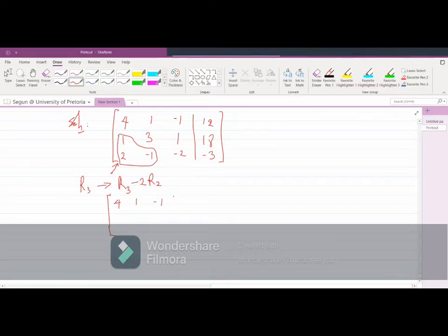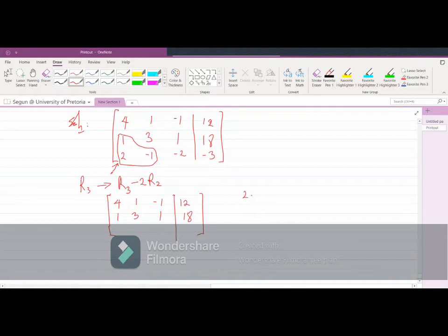Let's continue. -1, this one will remain itself. This is 12. Next, 1, 3, 1, 18. Remember, our operation says 3R minus R. This is 3.